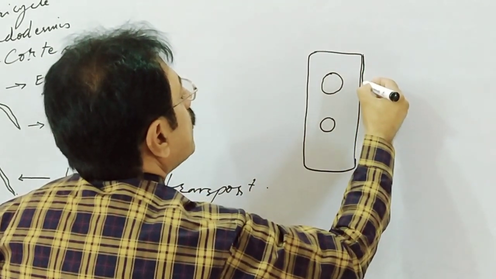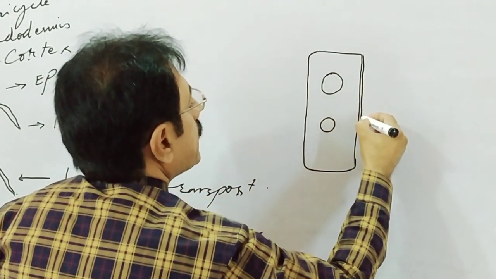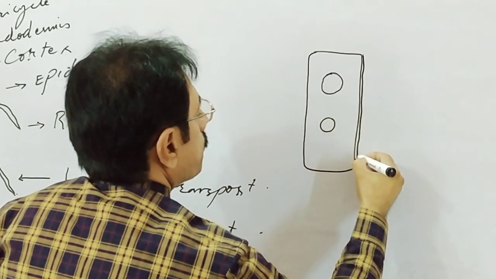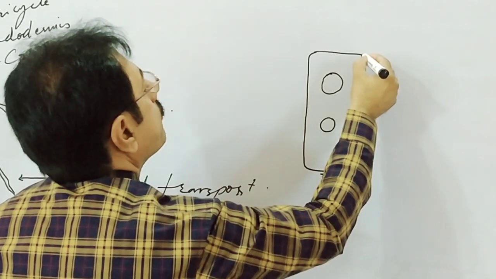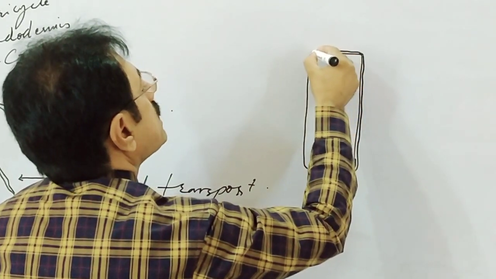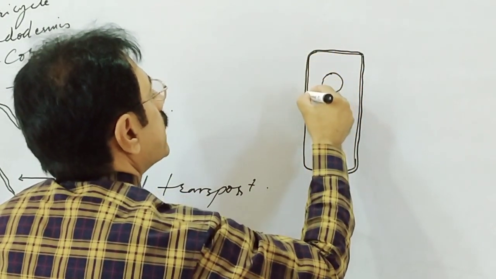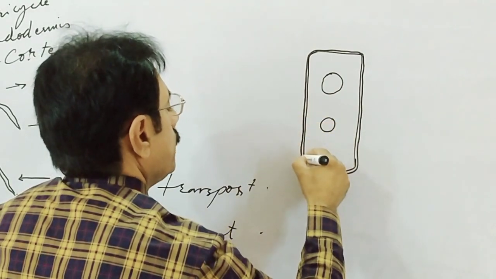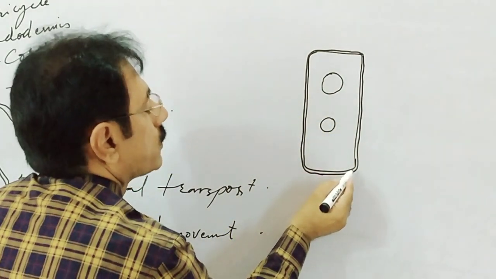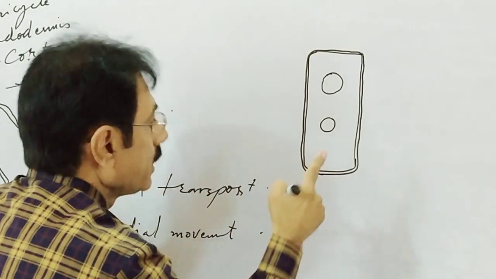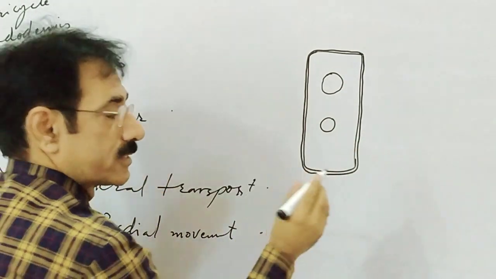This is the cell wall which is in close touch with the membrane, but we draw the diagram leaving a small space for our understanding. Suppose this is the cell wall, this is the cell membrane, though they are in close contact with one another, and there is a flow space, dear students.